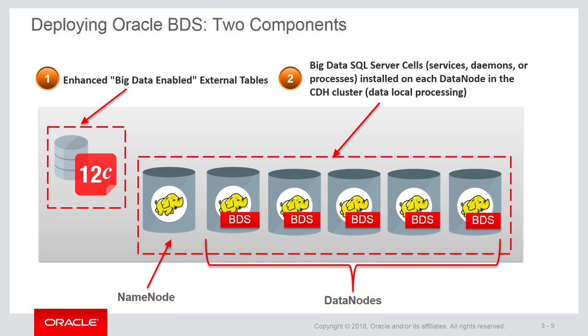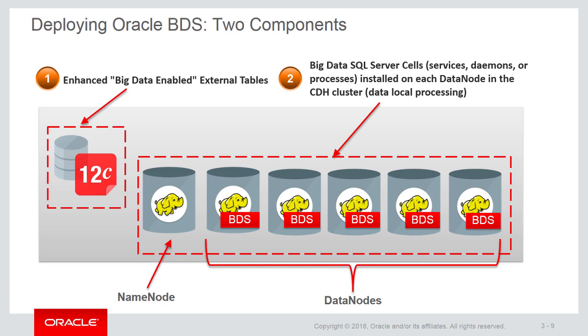In a true Oracle Big Data environment, there are two installation tasks. First, install Oracle Big Data SQL on the Hadoop cluster. This step sets up Big Data SQL Server cells on each data node in the Hadoop cluster. This enables SmartScan on local data.